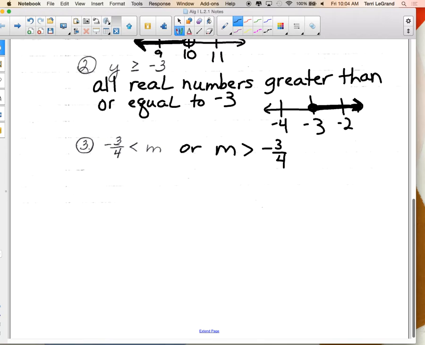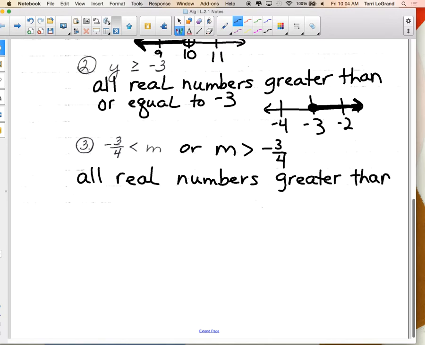Well, this one says all the real numbers greater than -3/4 are what m can be. So I'm just thinking that one might be a little easier to state. All real numbers greater than -3/4.